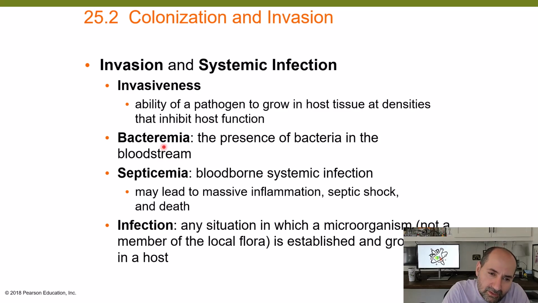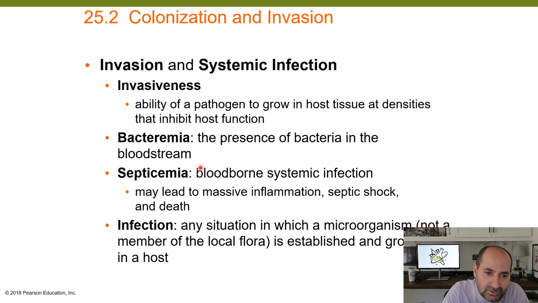And when a foreign entity finds its way into the blood, the suffix is emia, E-M-I-A. So bacteremia is the presence of bacteria in the blood, right? So anything emia means that thing is found in the blood. Bacteremia, the presence of bacteria in the blood. Septicemia, blood-borne systemic infection.